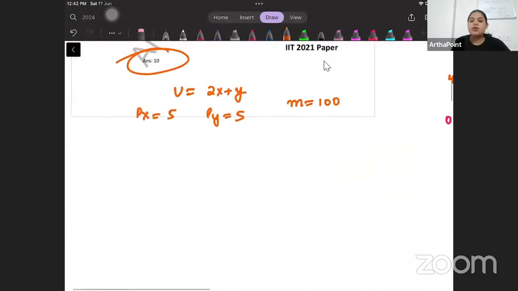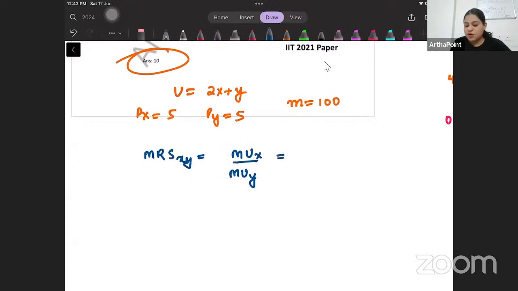That's the good part. So we know that MRS will be MUX by MUY. When you differentiate with respect to x you get 2, with respect to y you get 1, so you have 2. Px by py will be 5 by 5, which is 1.